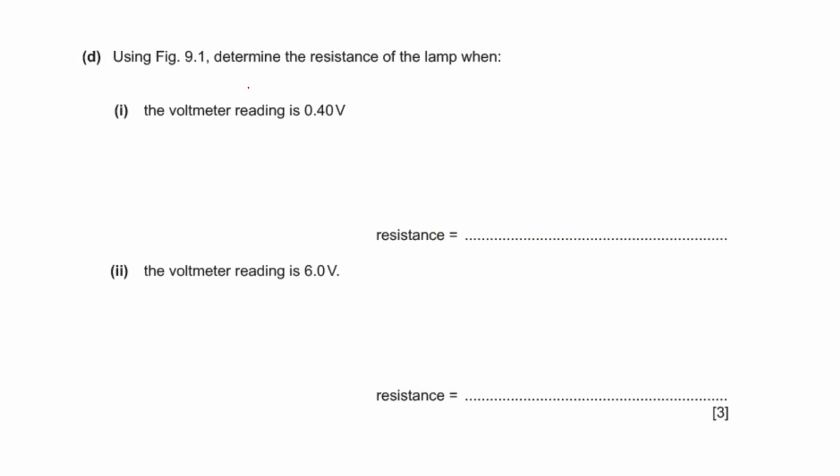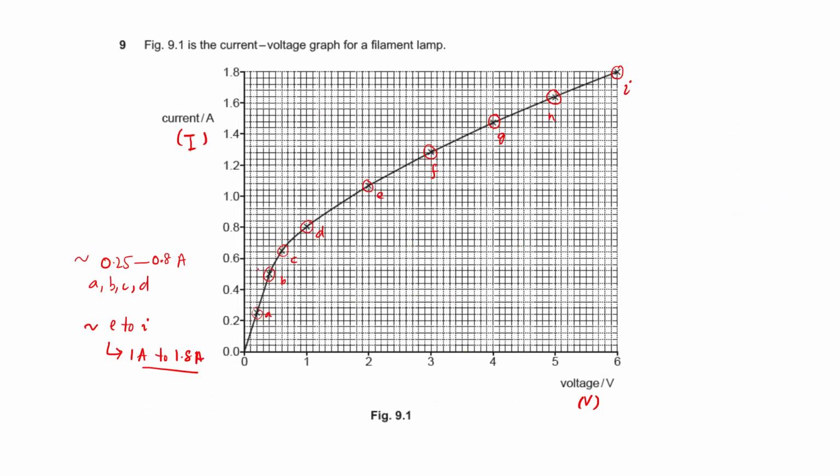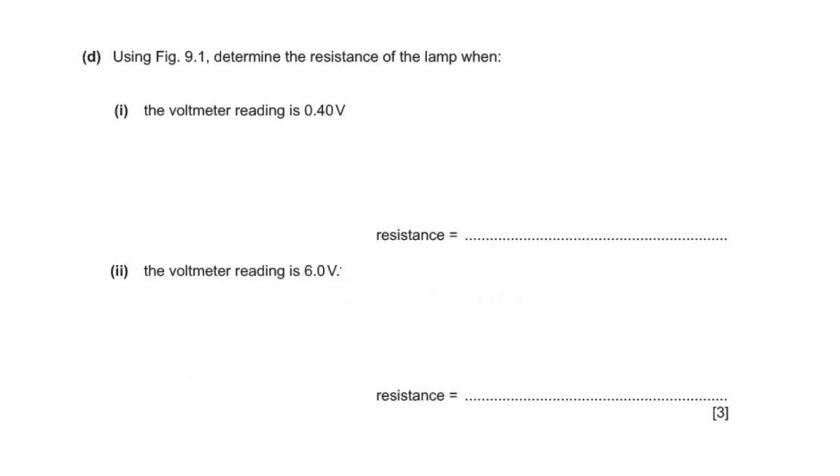Next part, question 9, part D. Determine the resistance of the lamp when the voltmeter reading is 0.4 volts. Using V equals IR and our graph, at voltage equal to 0.4 volts, I is approximately 0.5 amperes.